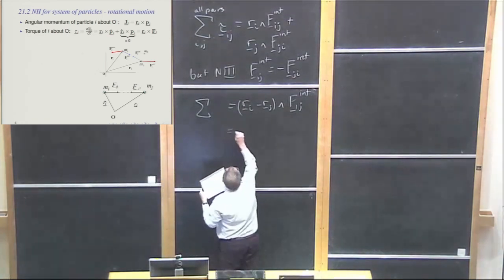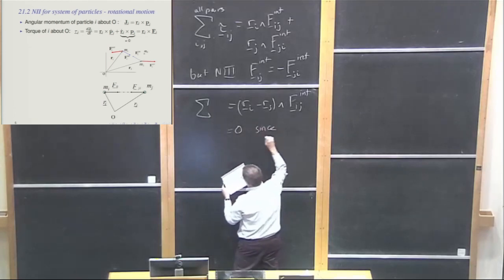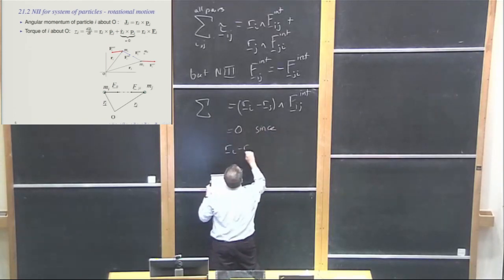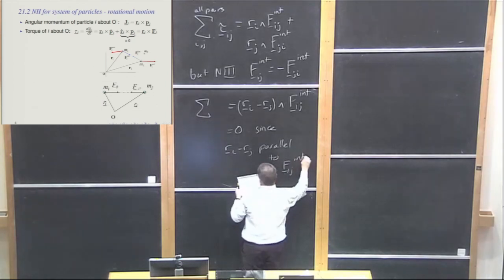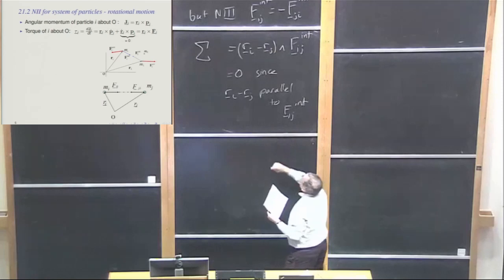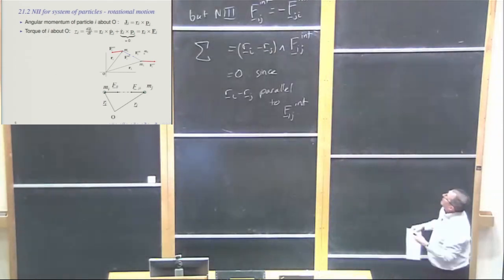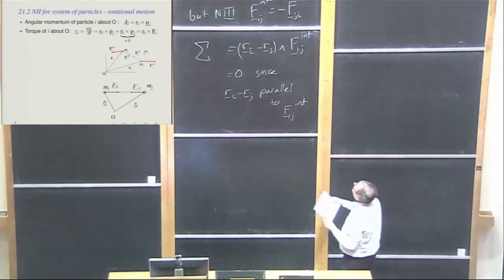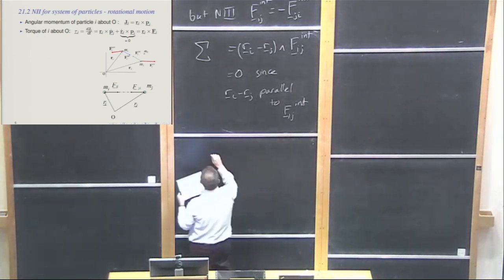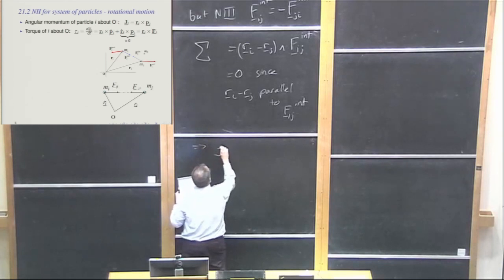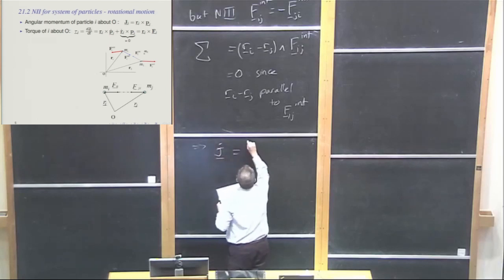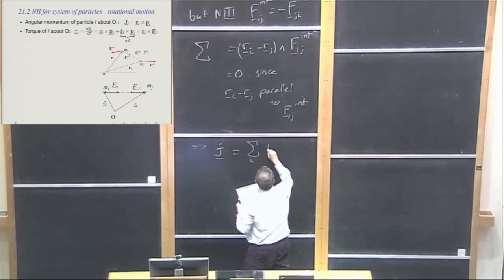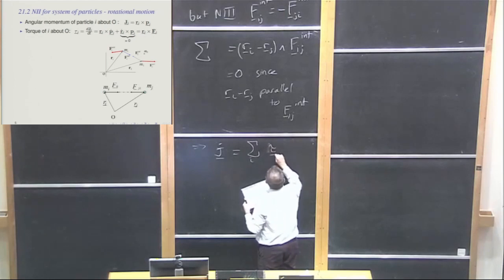So this is 0, since Ri minus Rj is parallel to Fij internal. We deduce from that that all the internal torques will cancel, and so J dot will just be a sum over the external torques.